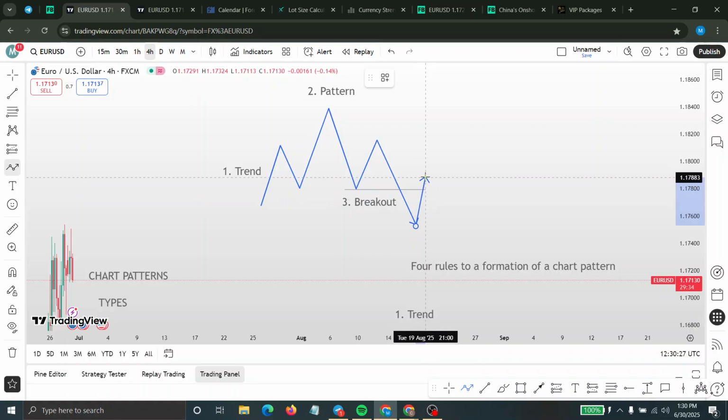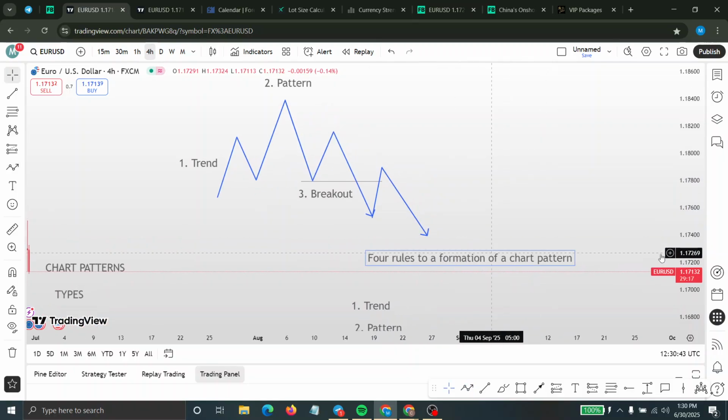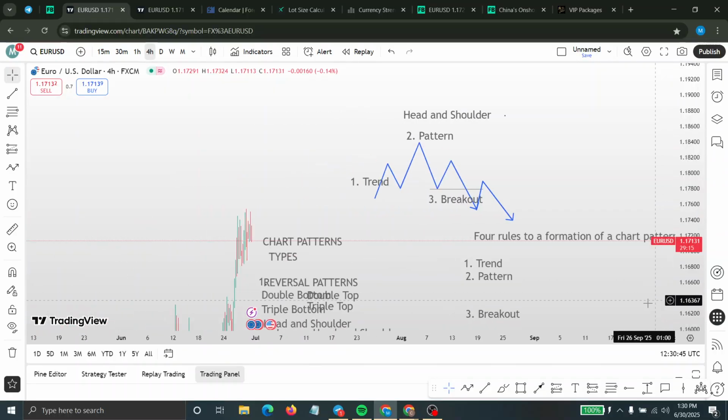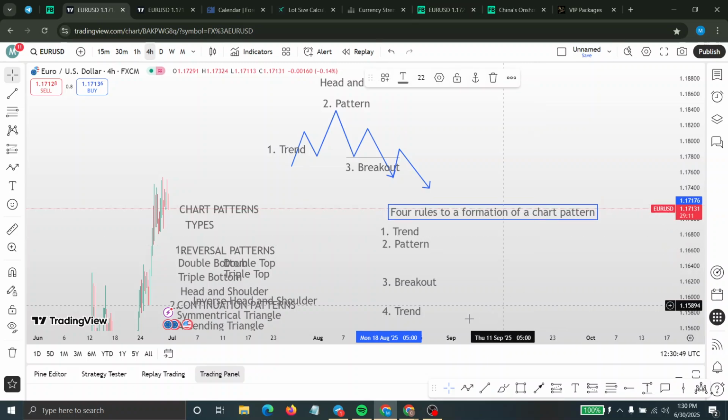or pullback. So now once the market gives us that pullback, let's assume maybe we've seen an evening star. Evening star formation signifies the sellers want to keep pushing the price down. And once that forms, does the fourth one on the rules of formation of a pattern occur?